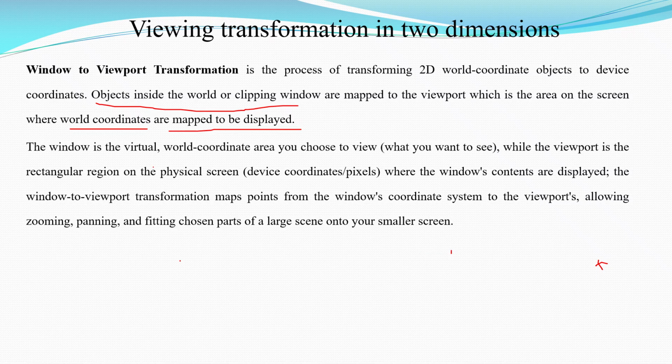You will see this in the next slide, where the figure is. The window to viewport transformation maps the points from the window's coordinate system to the viewport, allowing zooming, panning, and filtering a chosen part of the large screen into a smaller screen.